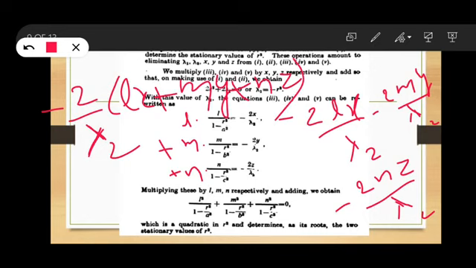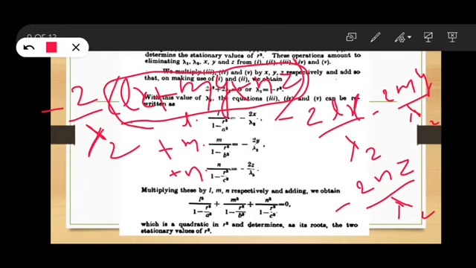So this is about the right side, but we know this value will be 0. In the problem, the data is given lx plus my plus nz is equal to 0. So we substitute lx plus my plus nz is equal to 0. 0 into anything will be 0, so here the right hand side will be 0.